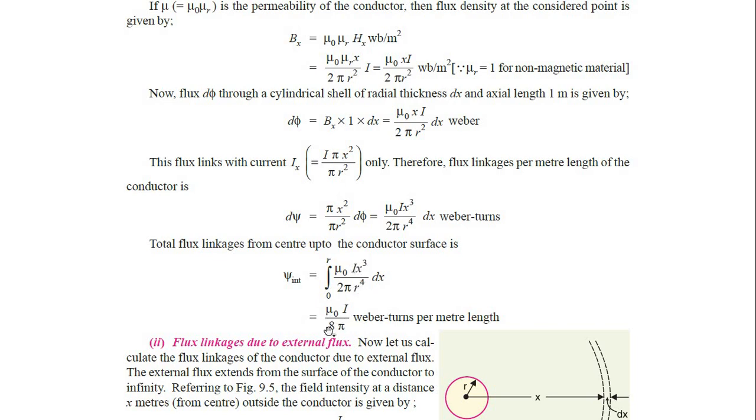What is the integration of x cube? It is x raised to 4 upon 4. So that denominator, which is 4, gets multiplied with 2 and it gives you 8 over here in the denominator. So mu naught into I upon 8 pi. This is the internal flux linkages, Weber turns per meter length. Okay, so here we will stop.